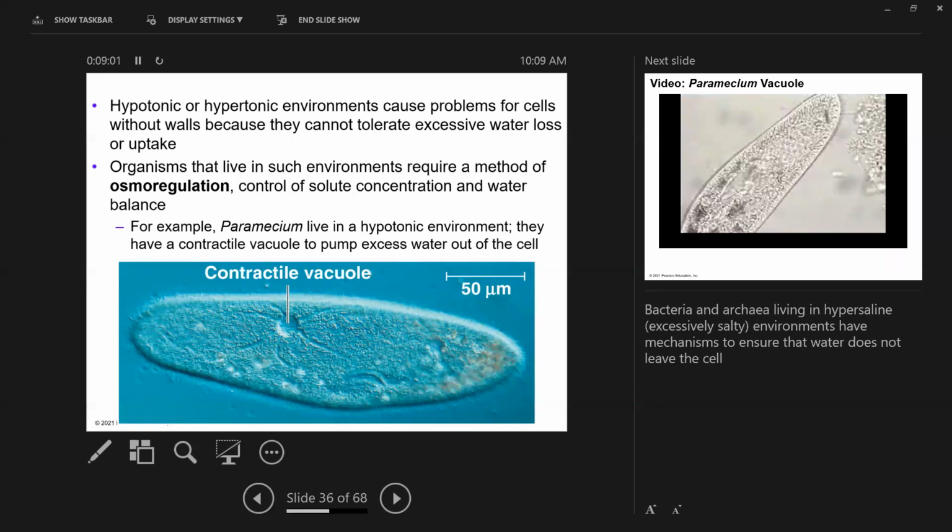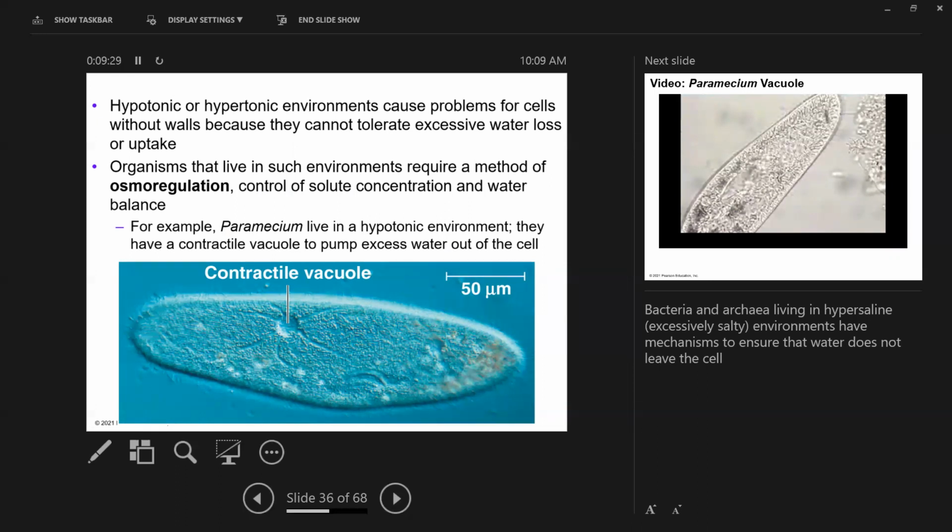Organisms that live in these aquatic environments actually have to do osmoregulation, where they're controlling solute concentration and water balance. And so they have to have a method to deal with this. In a paramecium, the paramecium has a contractile vacuole, and that contractile vacuole is pumping excess water out of the cell.